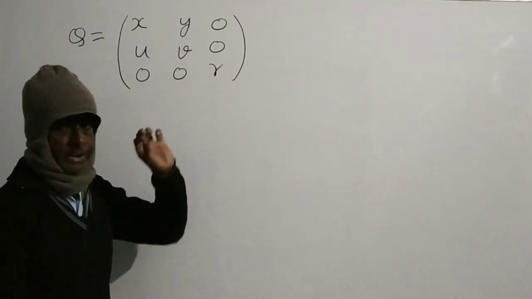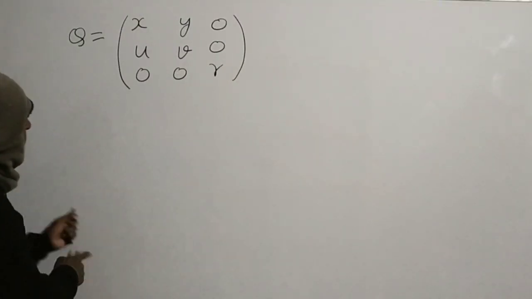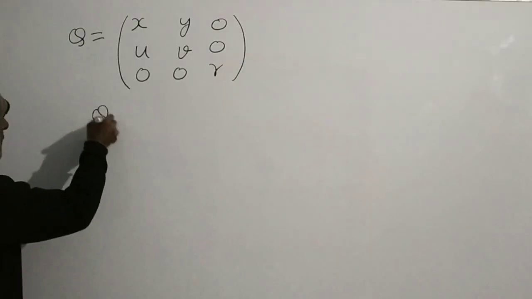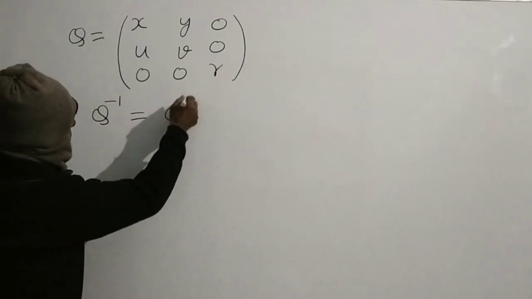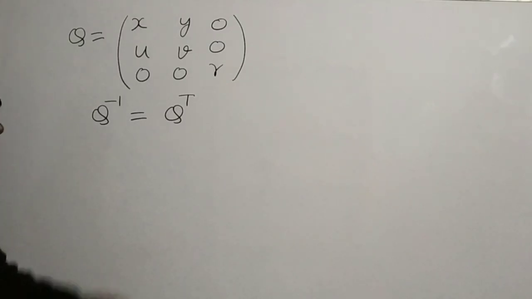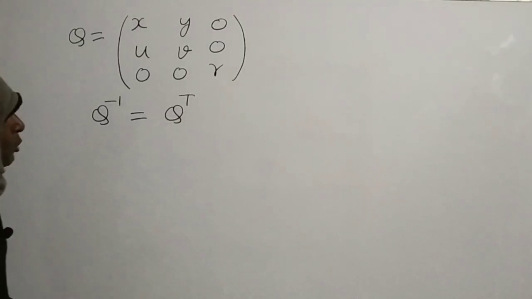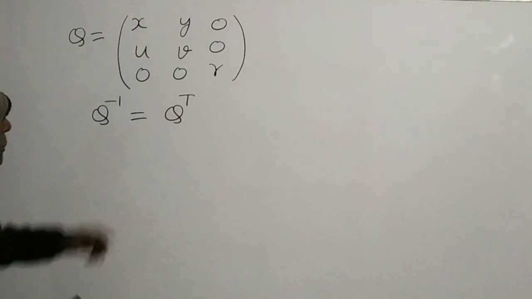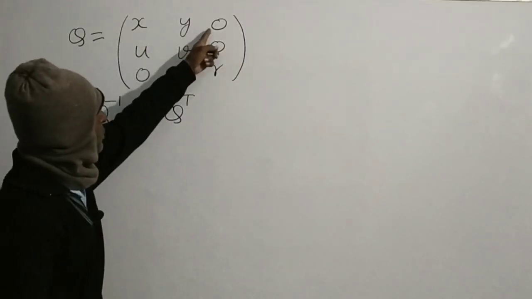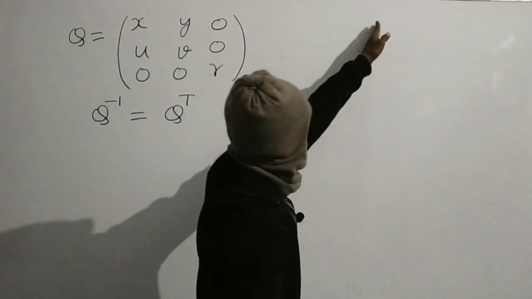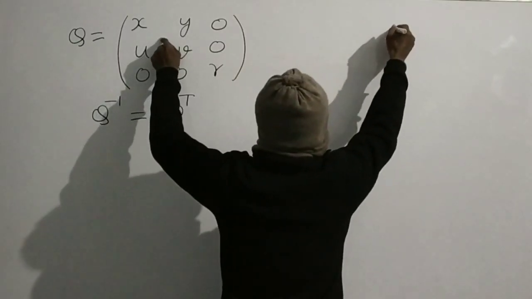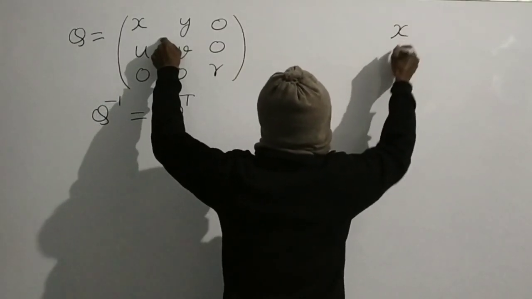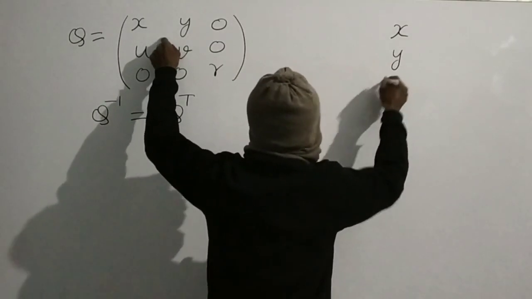Now we will consider the second condition: Q inverse is equal to Q transpose. But what is Q transpose? If we write this first row in the first column: x, y, 0.